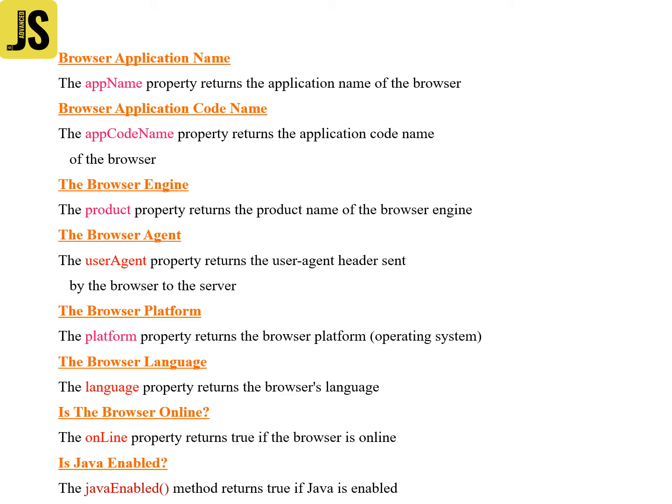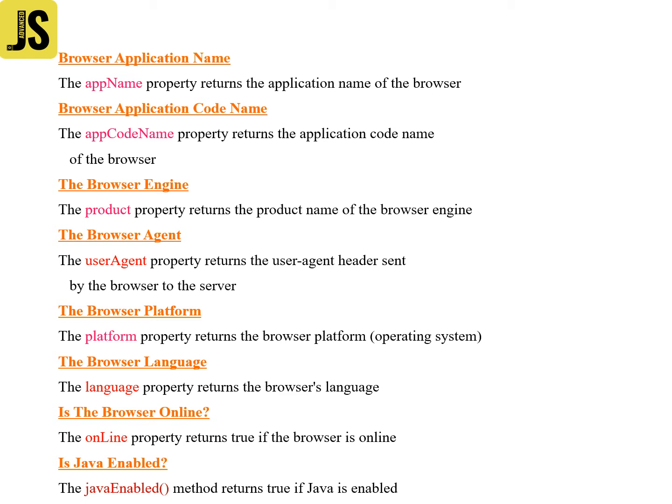The userAgent property returns the user agent header sent by the browser to the server. So if you are using the userAgent property with a window object, it will return the user agent header sent by the browser to the corresponding server.